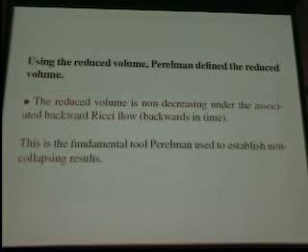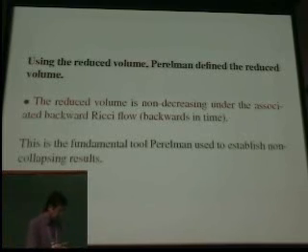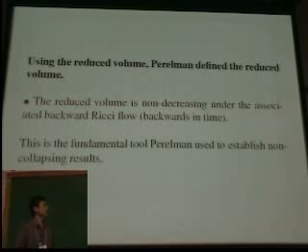Perelman defined the reduced volume, and the reduced volume is monotonically decreasing along the associated backward Ricci flow. This is a fundamental tool Perelman used to establish non-collapsing results, which is the key to ruling out surgery along high genus curves.